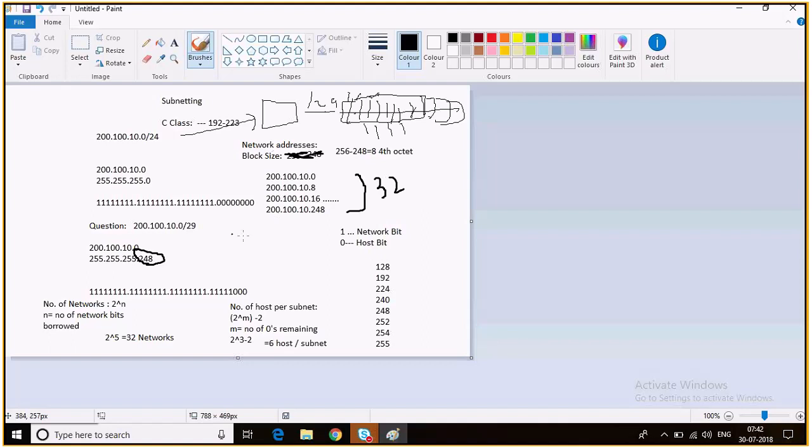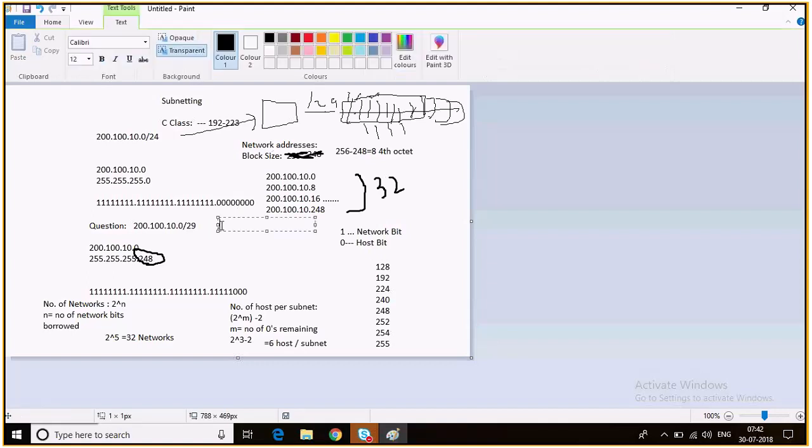So I come to the last part of my question, which is the valid host addresses. I'll have the valid host address range and broadcast address.